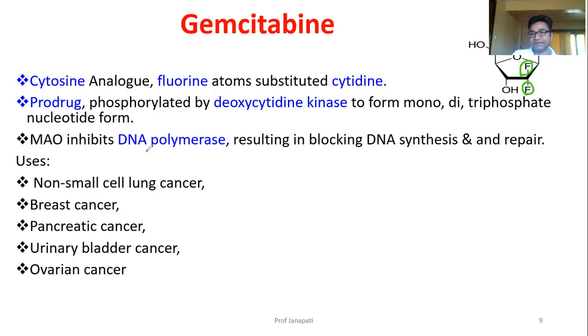In the body, it gets activated by phosphorylation. Gemcitabine is also a prodrug. It is used in treatment of lung cancer, breast cancer, pancreatic cancer, urinary bladder cancer, and ovarian cancer.